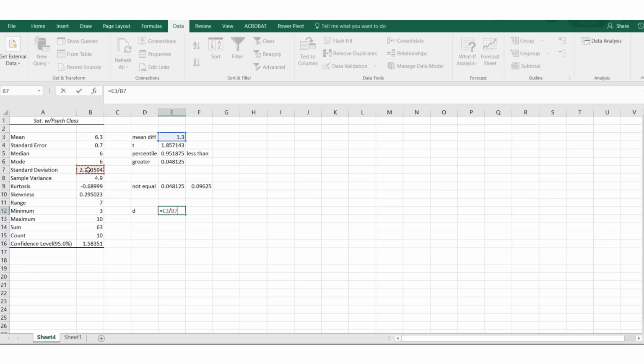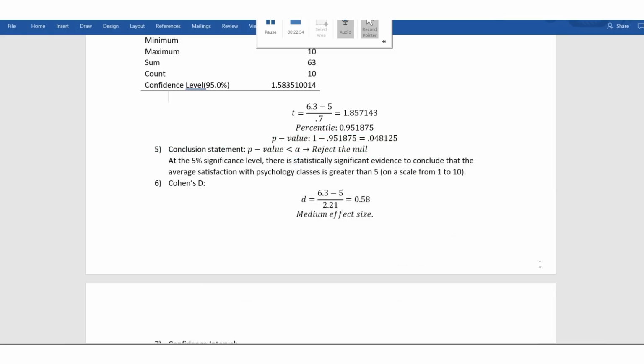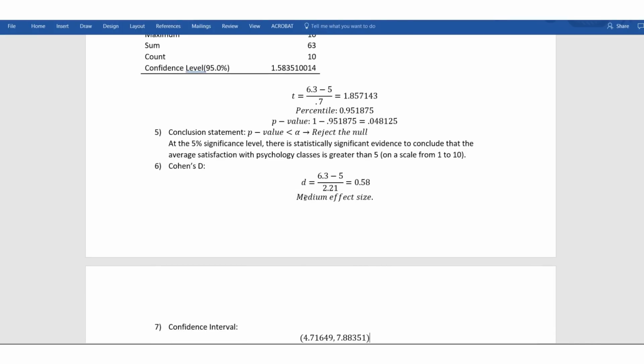Okay, standard deviation, remember, that's how you do it for Cohen's D. And we get a 0.58, and that's kind of a medium effect size. Remember, for Cohen's D, it's not dependent on the sample size. So that's why we use a standard deviation and not the standard error here. So go to that little chart that I have and find what size your effect size is. Mine was a medium.